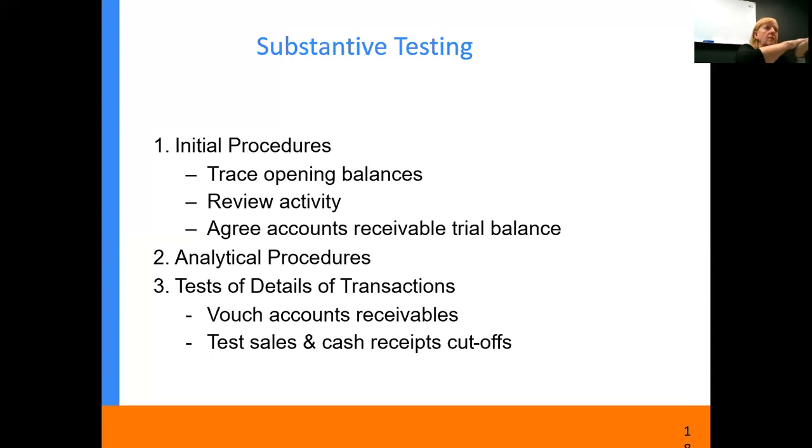That would be vouching. Have I got evidence that these are genuine balances? That's existence, that's right. Then I'm going to test sales and cash receipts cut-off. Have they included all the transactions for this period and nothing that shouldn't be there? And then the same at the beginning of the period, if you've got things that have carried over that shouldn't have carried over, etc. So I'm going to test for cut-off.